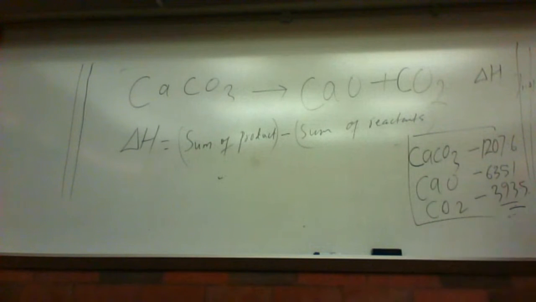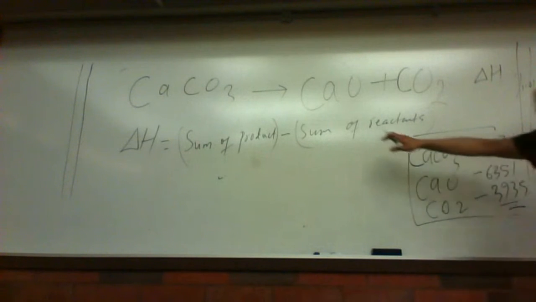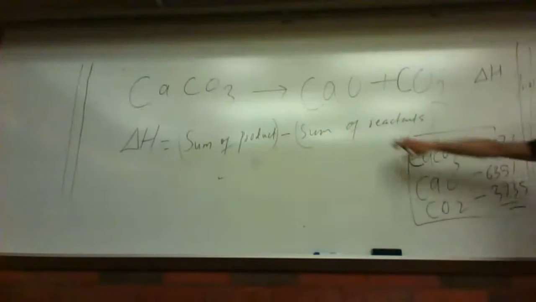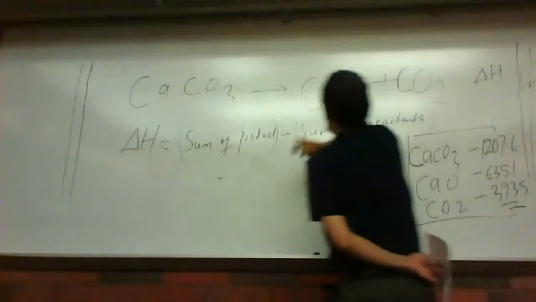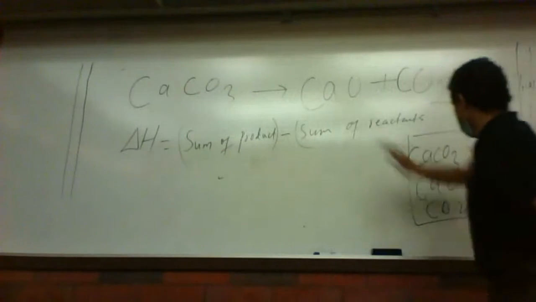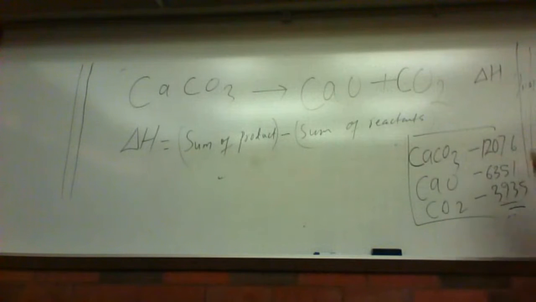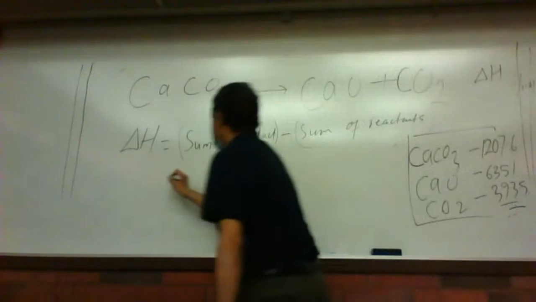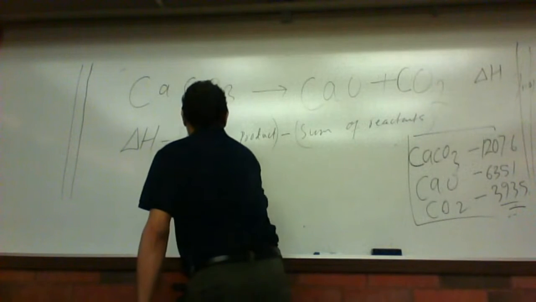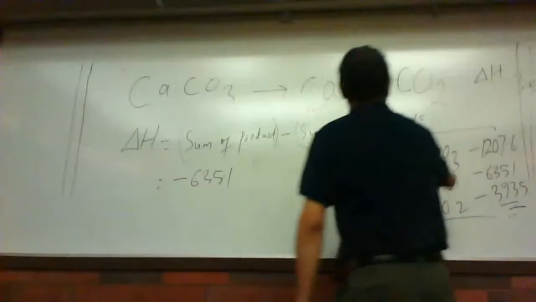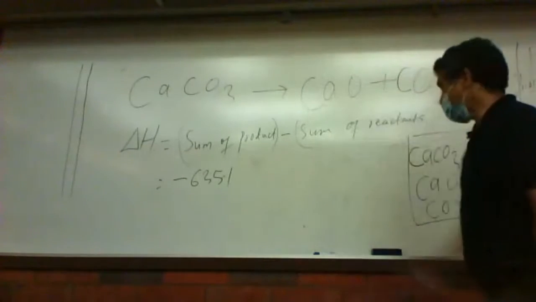Now let's look at the sum of the product side. Product is this side, reactant is this side. So sum of the product: CaO, I have this much, minus 635.1.